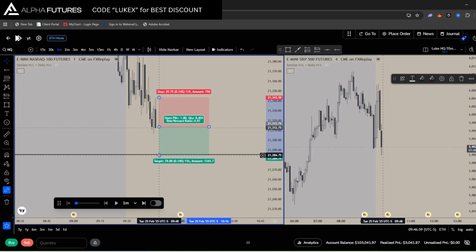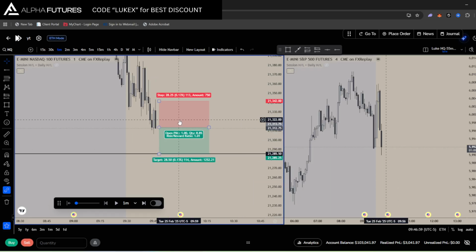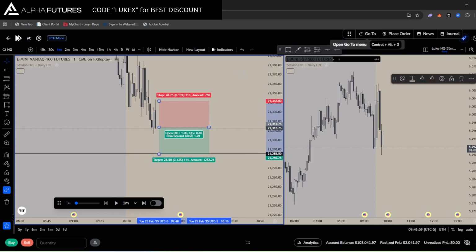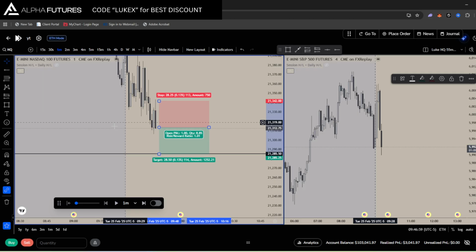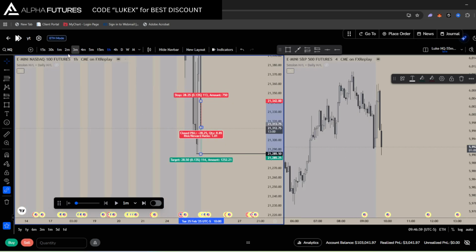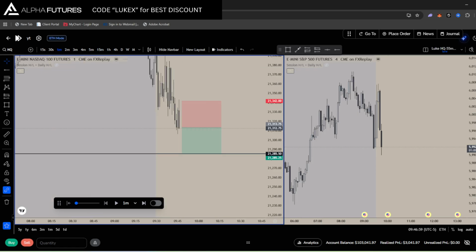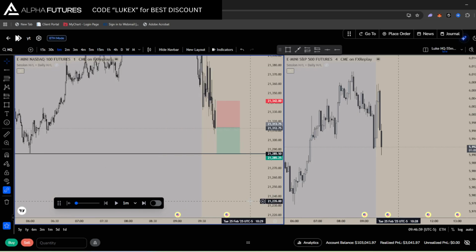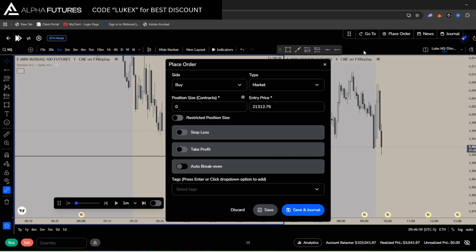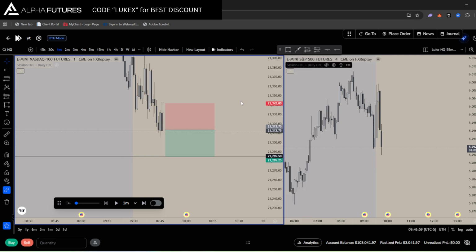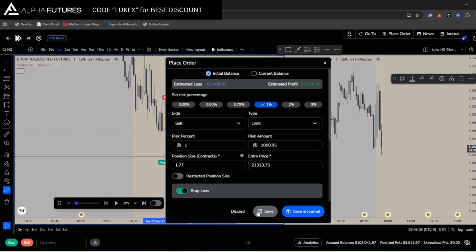Let's just see if we can get a 1-to-1 here. Let me see here. We just inversed the 15, came back in and retraced into it. We have a draw lower. And let's just, whatever. Let's just try it. Who cares?